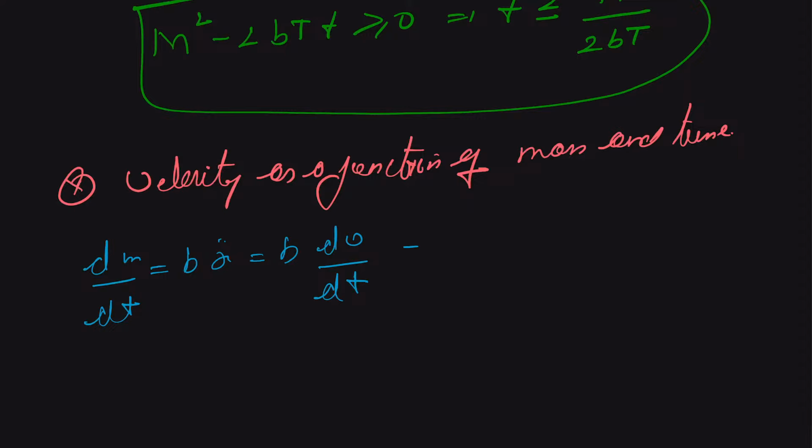And from here we can write dm is equal to b dv.